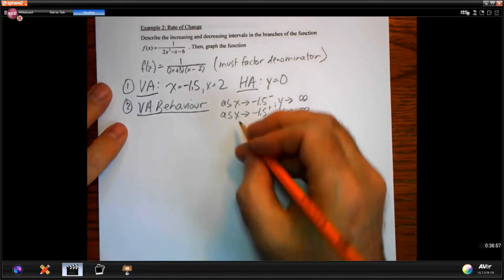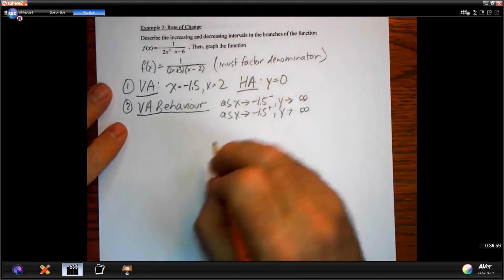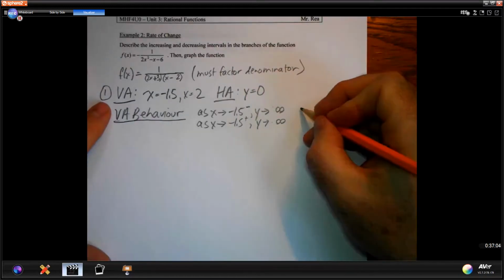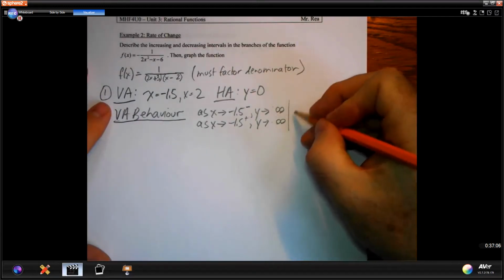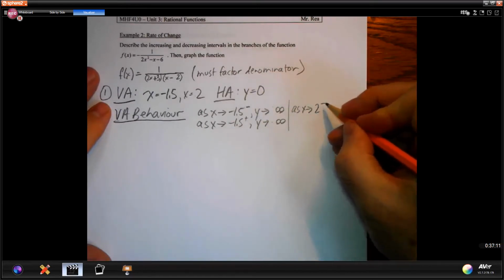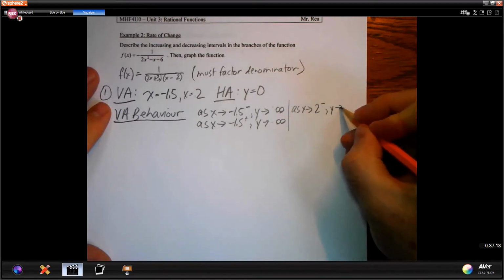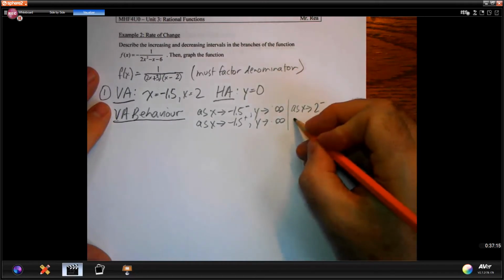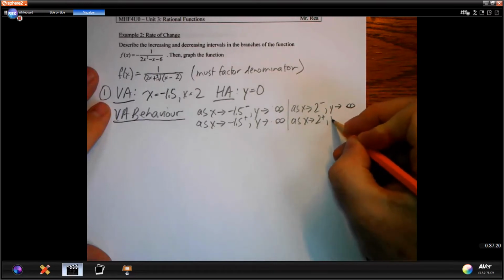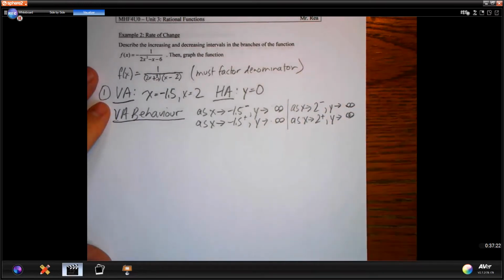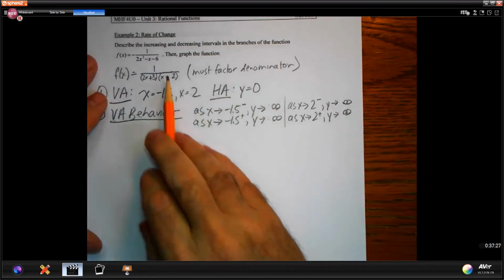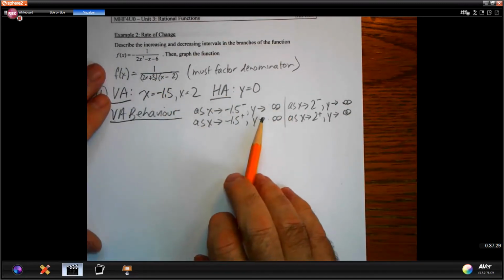We're not done yet. And the second one: as x approaches 2 from the negative side, y approaches some kind of infinity. And as x approaches 2 from the right side, y will also approach some infinity. This time I'm not going to show the work. I will talk our way through it, and that's kind of what I expect you guys to do.